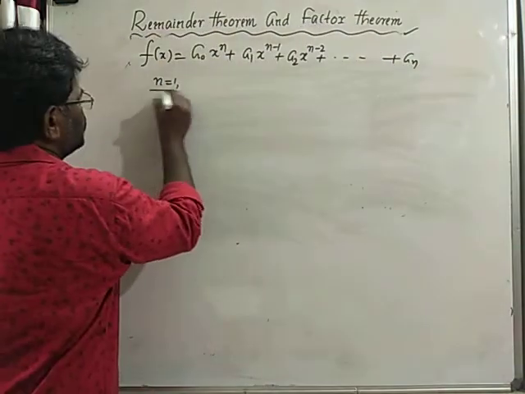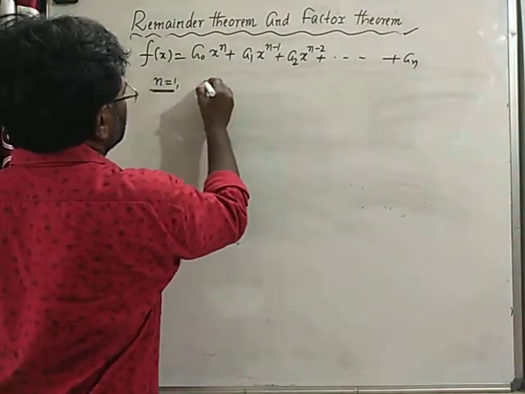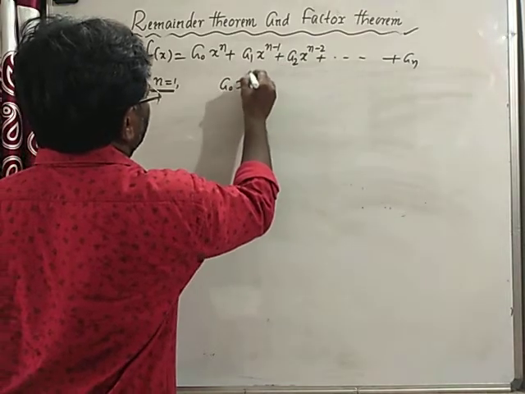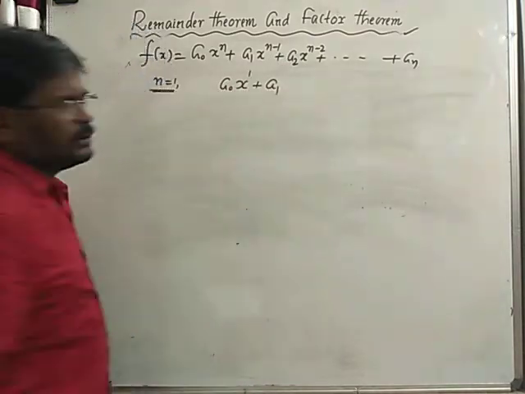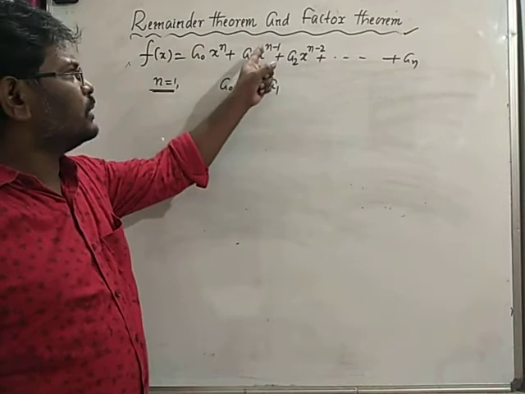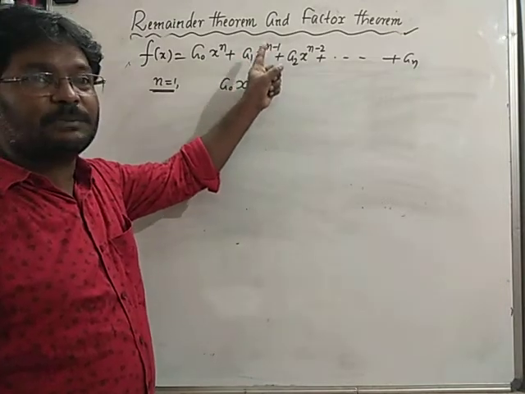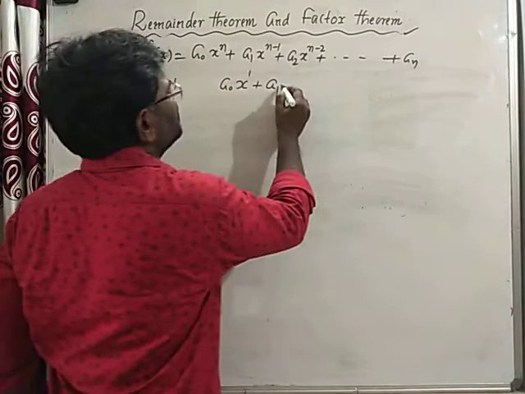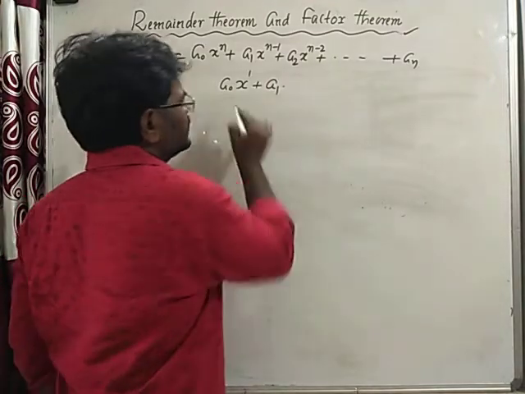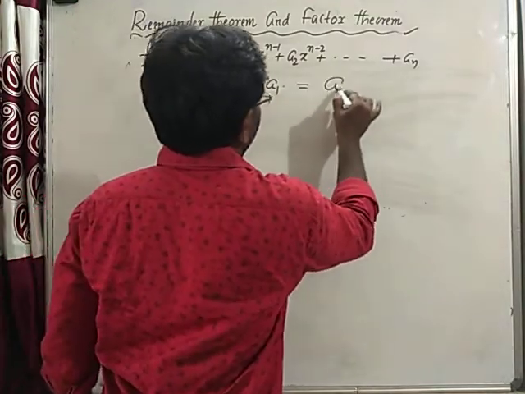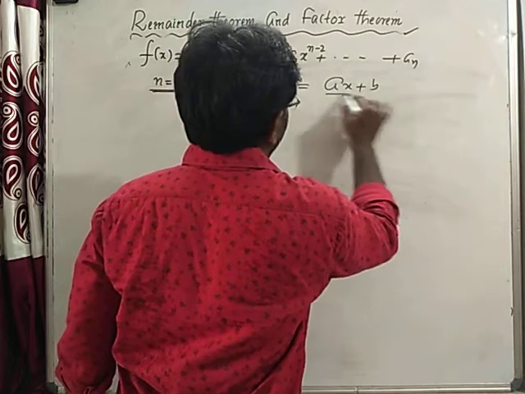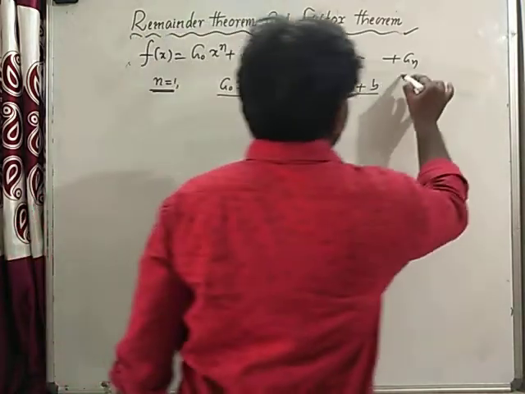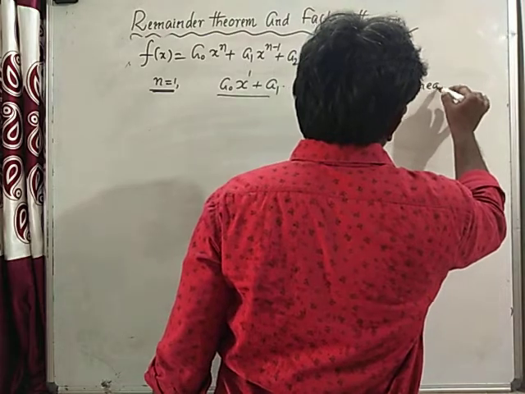If n is equal to 1, it becomes a naught x power 1, a1 x power 1 minus 1, x power 0 means 1, 1 into a1 is a1. It seems to be in general form ax plus b. This is called linear polynomial.